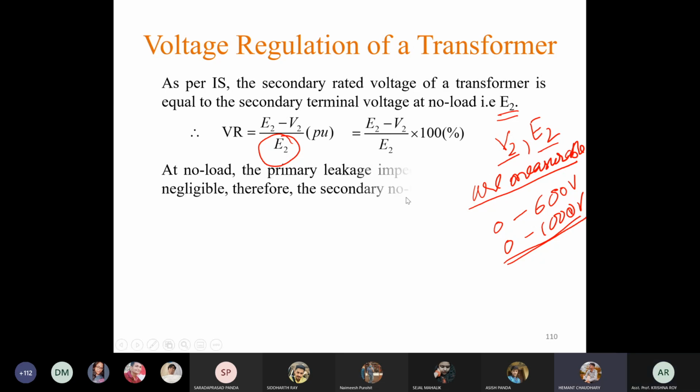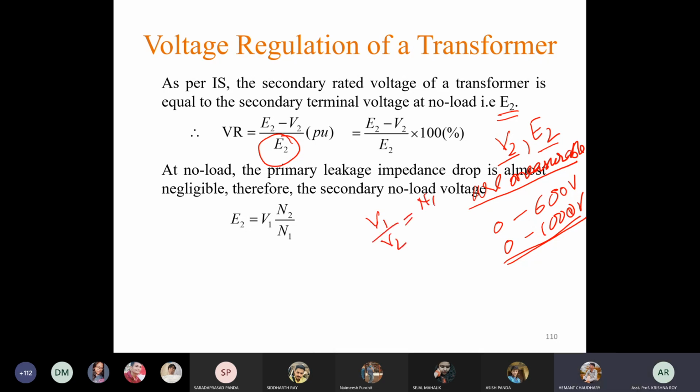Okay, so at no load the primary leakage impedance drop is almost negligible. Therefore the secondary no load voltage E2 is equal to V1 into N2 by N1. Actually the formula was V1 by V2 is equal to N1 by N2, or E1 by E2 is equal to N1 by N2.